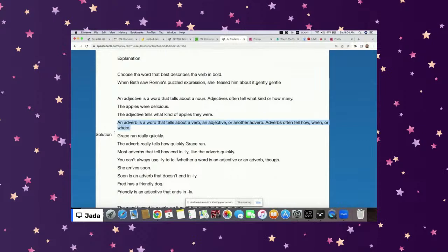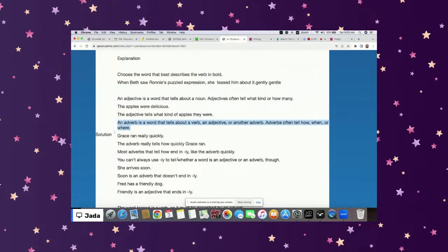For example, she arrives soon. Soon is an adverb that doesn't end in ly. Some adverbs end with ly, but some do not. Soon is an adverb, but you cannot say soonly.